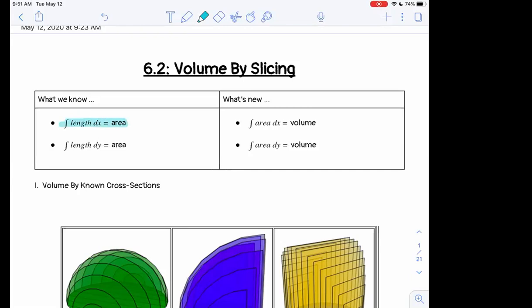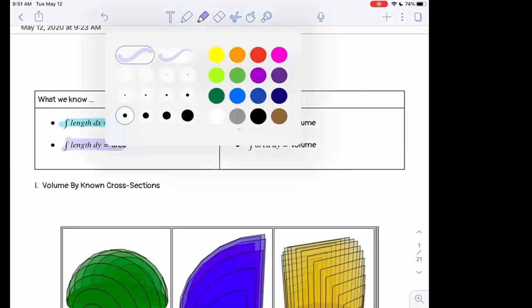And whether we do that with dx or we do that with dy, what we're finding at the end represents the area between certain x values or certain y values. Now, what's going to be new in 6.2 as well as 6.3 is that we're going to start talking about not just one dimension to two dimension, like length is one dimension, area is two dimension, but we're going to take that a step further.